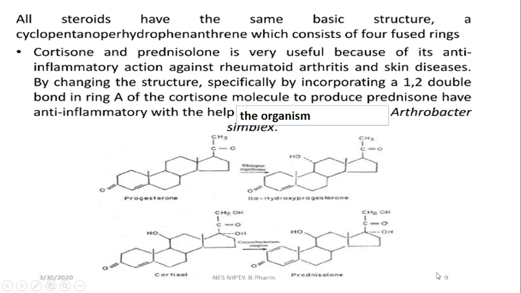The most used steroids are cortisone and prednisolone, because they are anti-inflammatory and are used for the treatment of rheumatoid arthritis, skin diseases, etc. These are produced using the organism Arthrobacter by a biotransformation reaction, and cortisol can be transformed into another one by a biotransformation reaction.